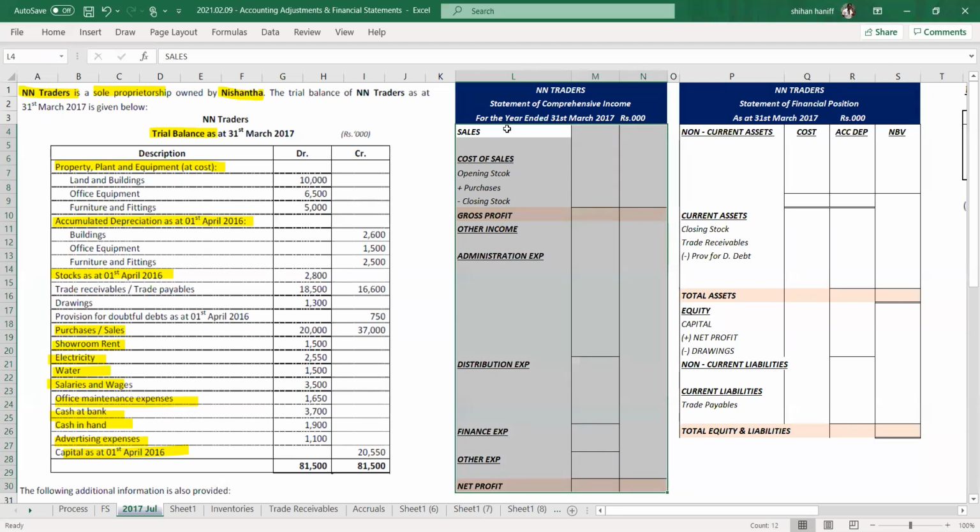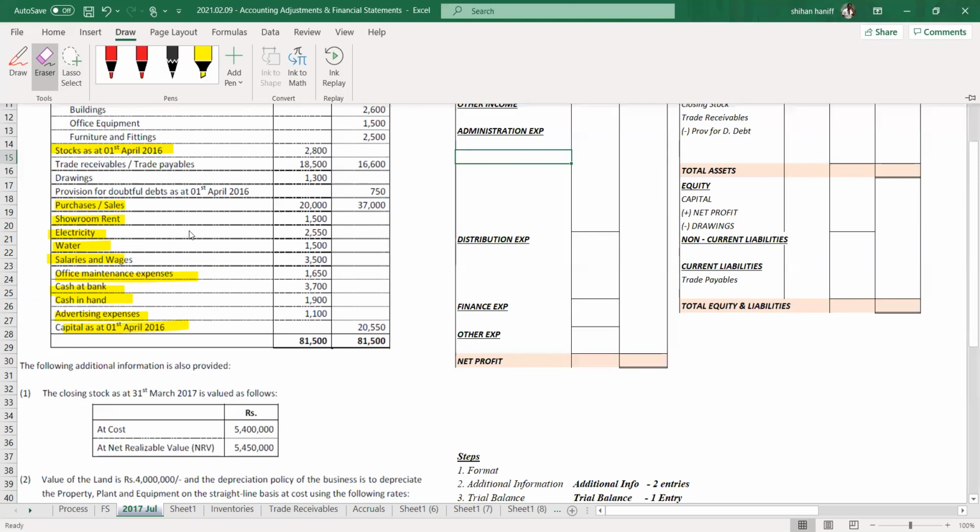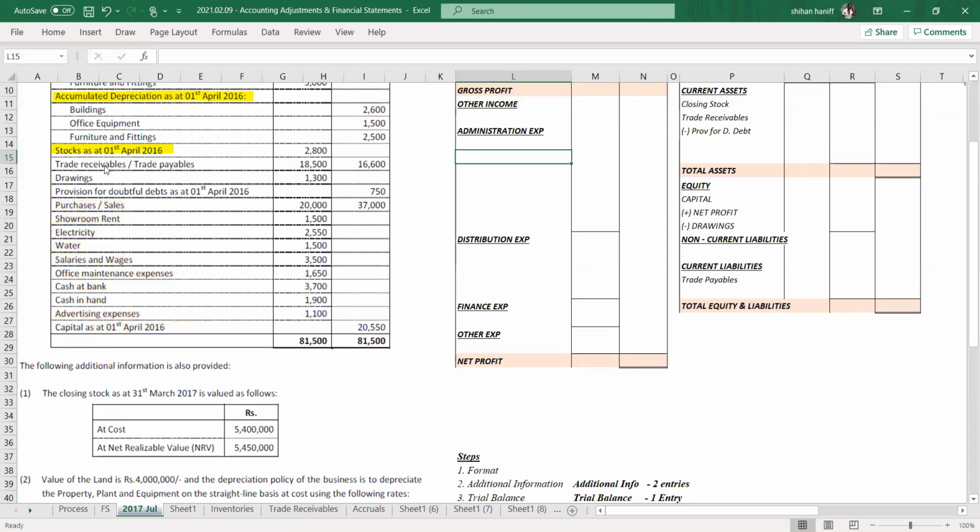So we don't use that method. That method is wrong. We follow this step: first, a complete format should be drawn. Right. Now let's record the transactions from the additional information. I hope you have the format.